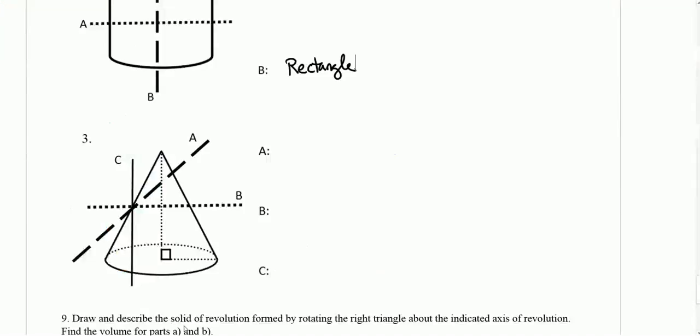So let's write that in. So A was the diagonal cut, we had an ellipse. B, we had a circle. And C, we had a parabola.